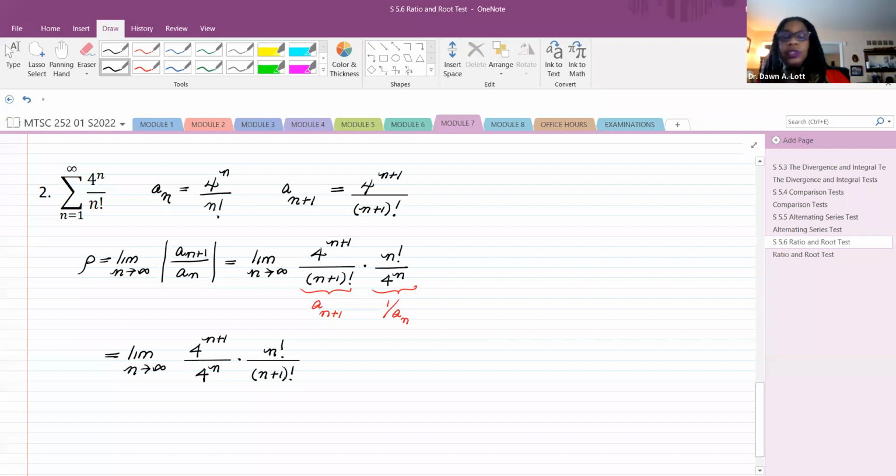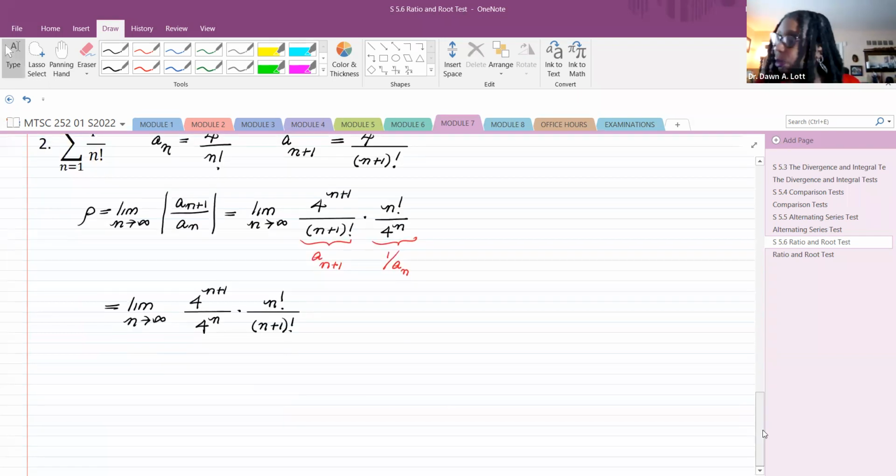Now, if you remember from the problem before, the 4 to the n is going to divide with the 4 to the n and only leave one of them left. So I'm going to get 4 to the 1 left in the numerator, because 4 to the n and 4 to the n divide out.